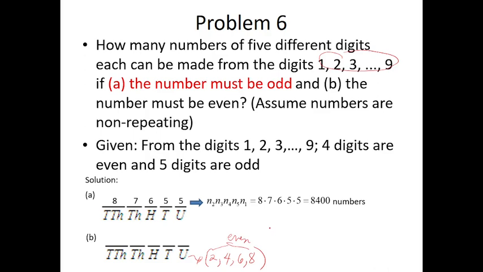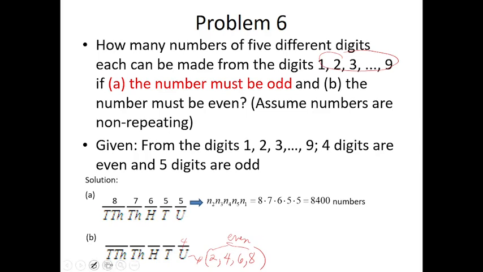So operation number 1, selecting an even number to be placed at the units place. We have 4 options. Therefore, this will be 4. Because operation 1 can be performed in 4 ways, since we can select any of the 4 digits, 2, 4, 6, 8.